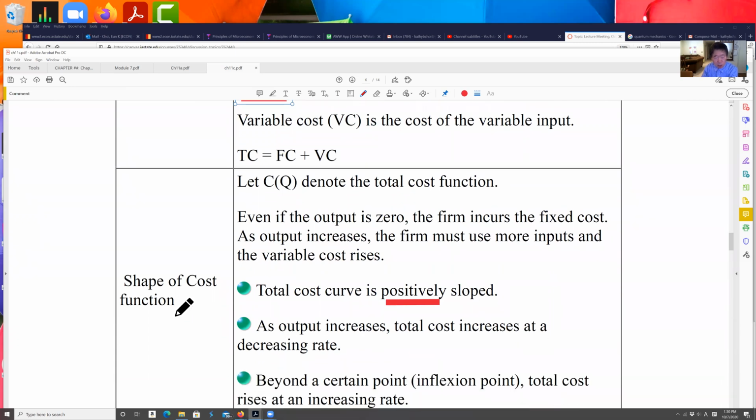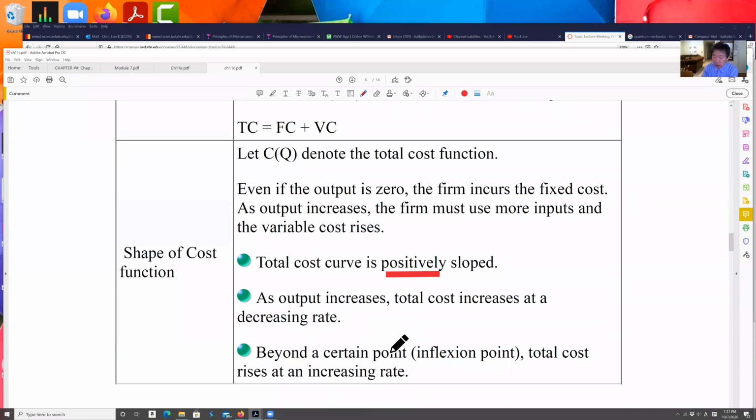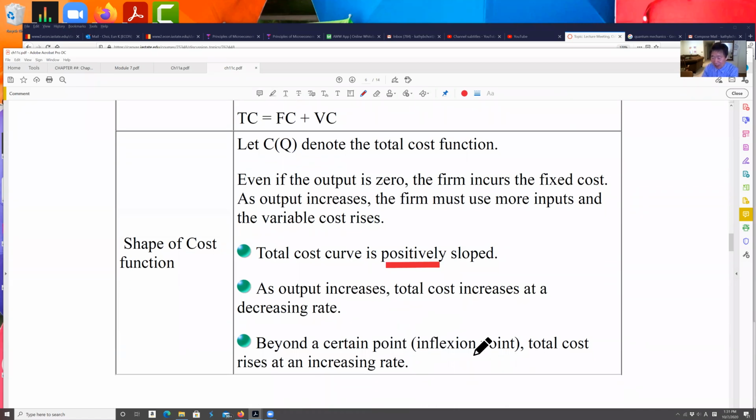But the general shape of cost function for most products is known. As output increases, total cost increases at a decreasing rate at first, but beyond a certain point, we call it inflection point, the curvature changes from concave shape to a convex shape like that.